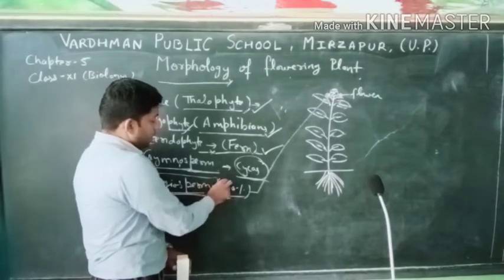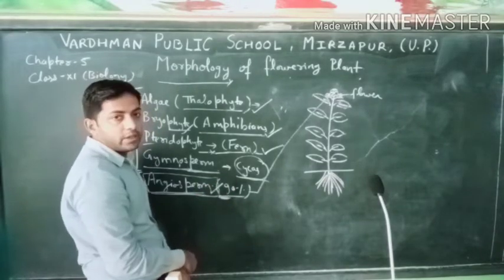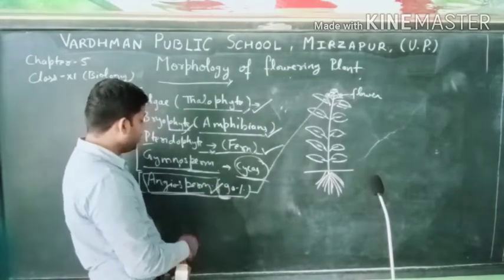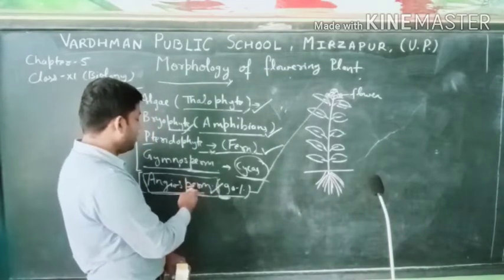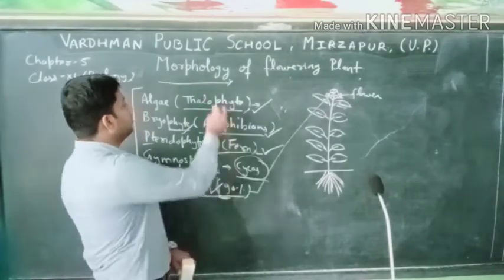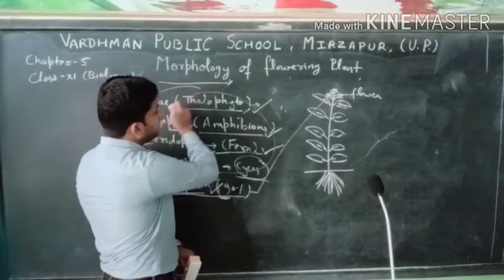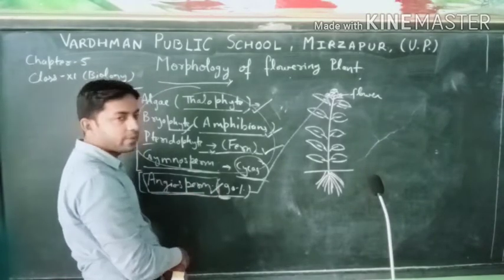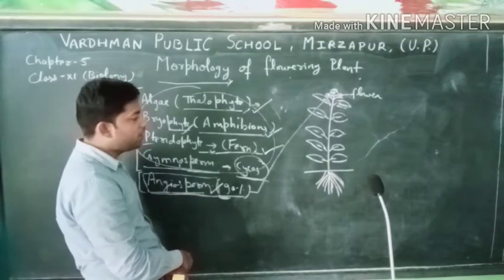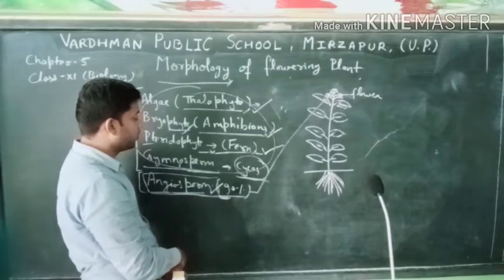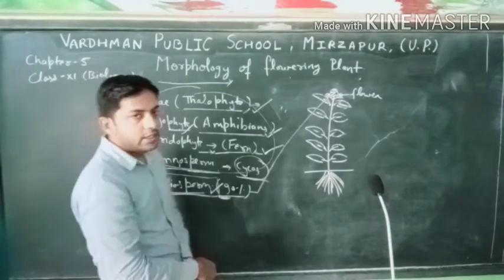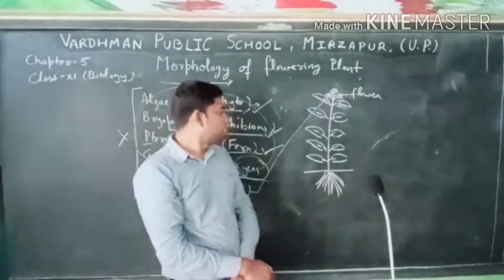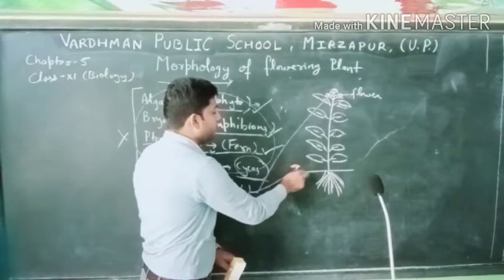So the present environment is completely suitable for the growth of angiosperm plants. So these other plants are present in very small amounts in our environment, while angiosperm plants are present in large amounts. Now I discuss the morphology of a single angiosperm plant.